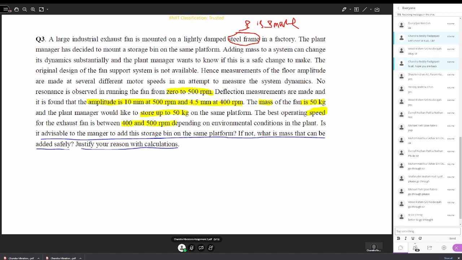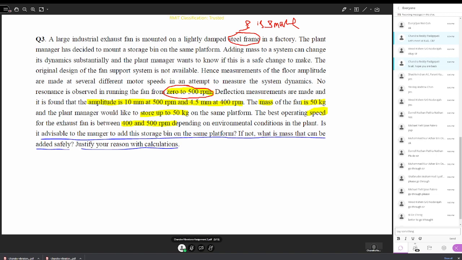Okay, so he measured the amplitude of the floor at several different motor speeds, because he wants to measure the system dynamics. So no resonance is observed in running the fan from 0 to 500 RPM. So there is no resonance between these 0 to 500 RPM.